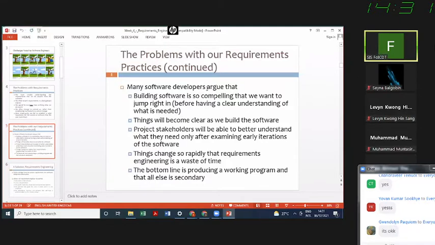So many software developers argue that building software is so compelling that we want to jump right in before having a clear understanding of what is needed. So I think this is very serious, because at times the client talks to you and gives you an indication of the specifications of the system.